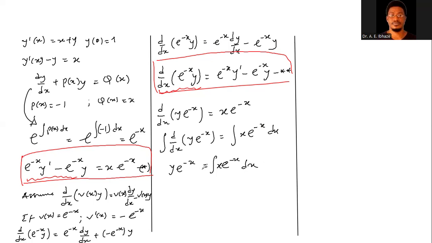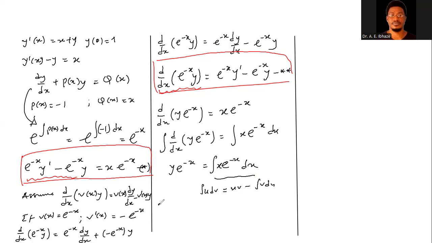So if we solve this integral on the right-hand side, we can do this by using integration by parts, which is the same as integral u dv being the same as uv minus integral v du.